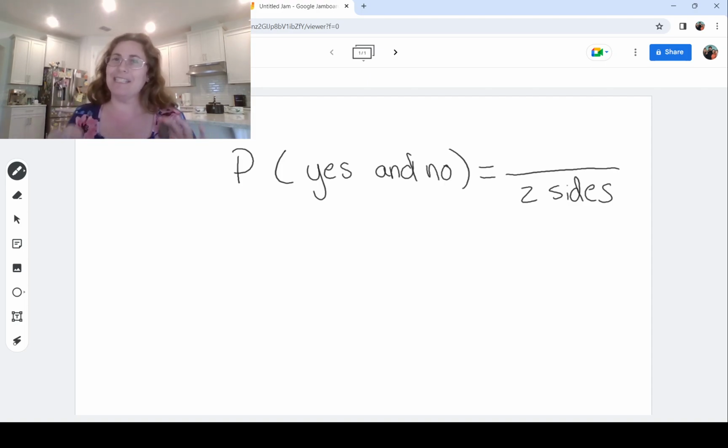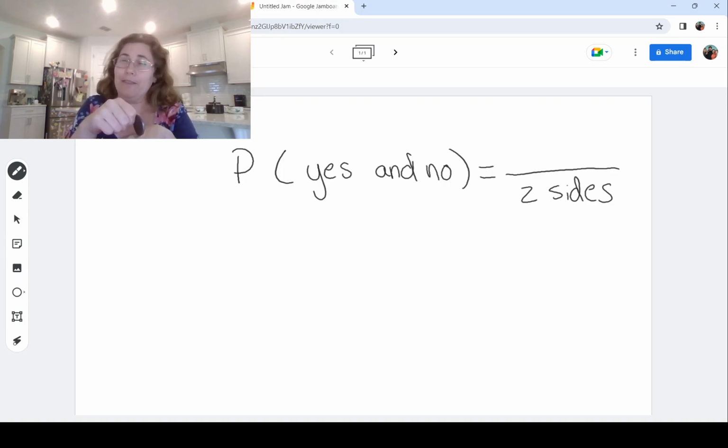Now, I get a little excited about this, and I do think you should pose this to your class, especially for those with older students. Some creative minds might argue with you and say, what if, tutor, it lands on its edge like so? Isn't it yes and no at the same time?